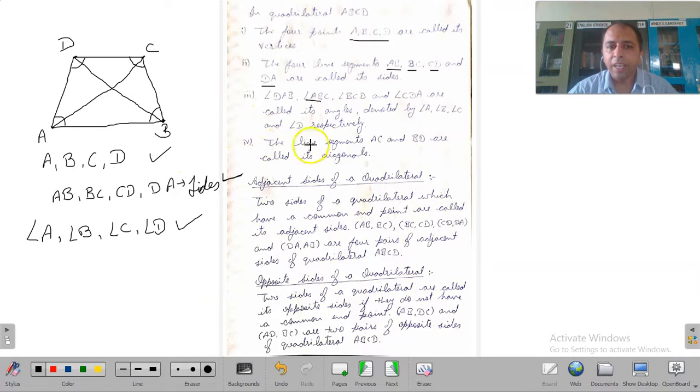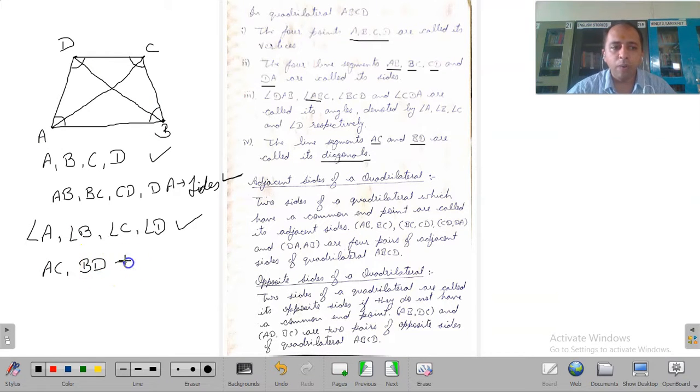Now the line segments AC and BD are called its diagonals. When we join the opposite vertices, the line segments that we get are known as diagonals.